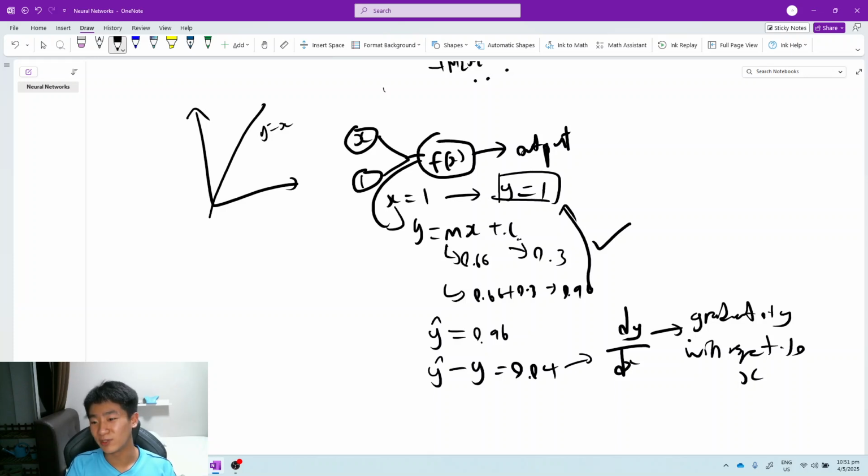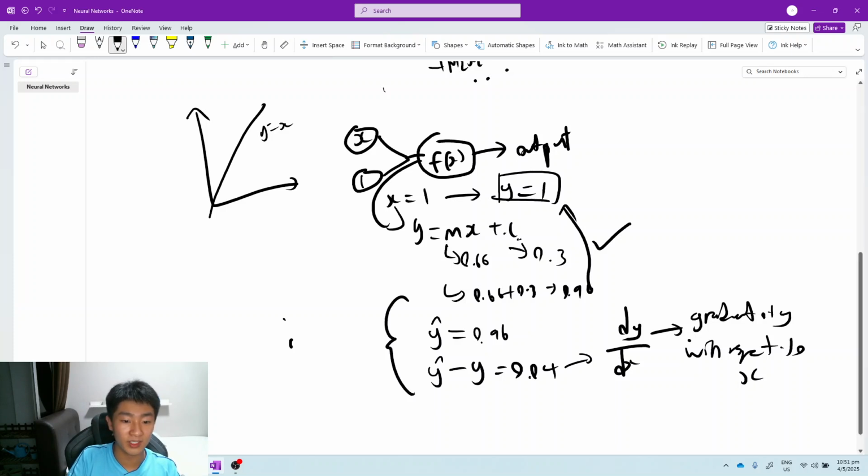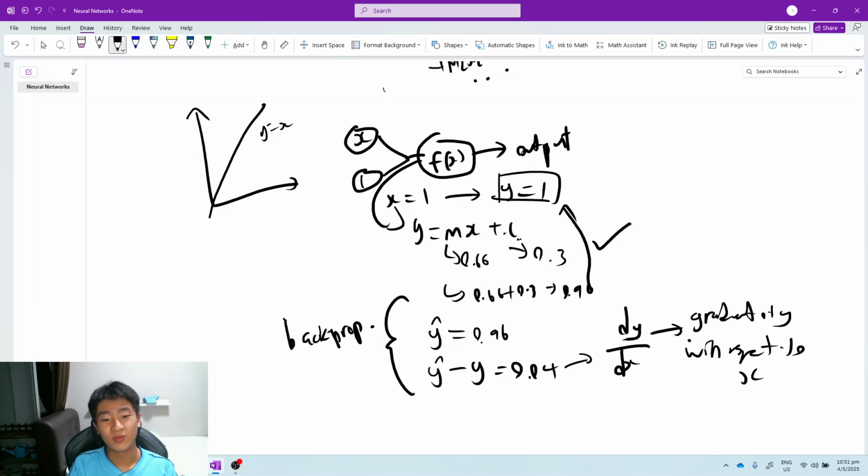As such, we're trying to find this gradient of y with respect to x so that we can shift it in the direction we want. So overall, this is called back propagation, and through this back prop process, we can adjust the weights of the model to be more accurate and predict the output that we want.